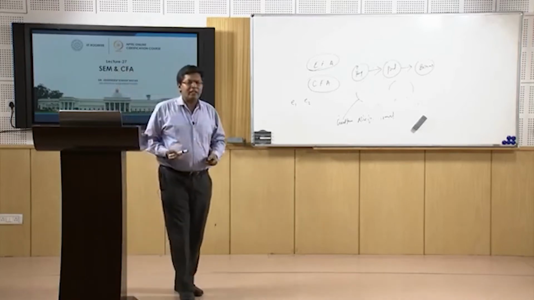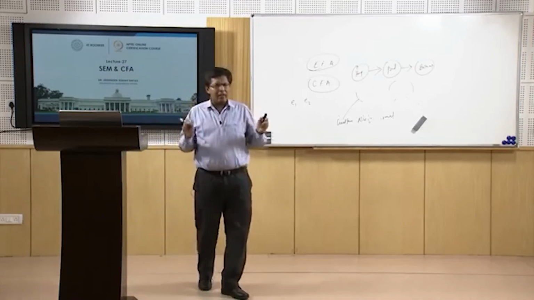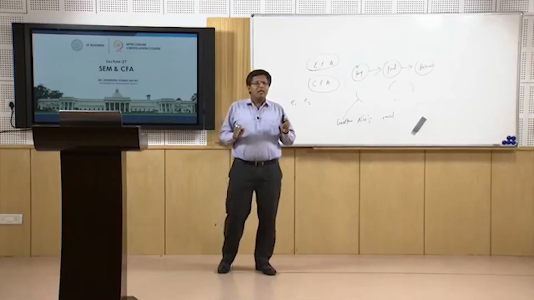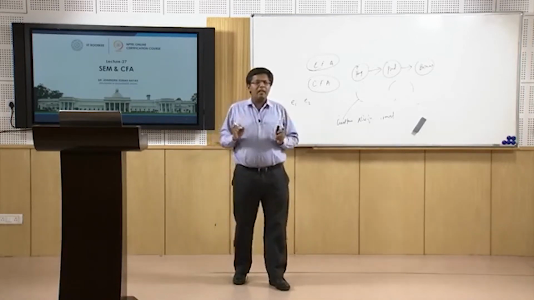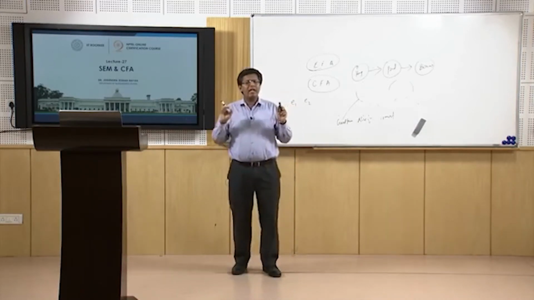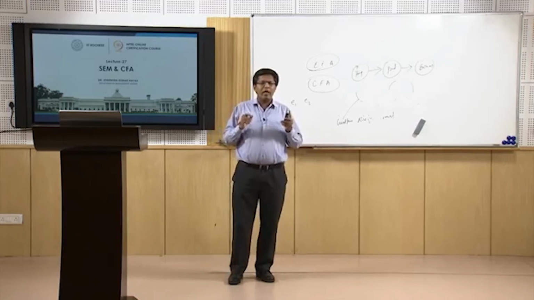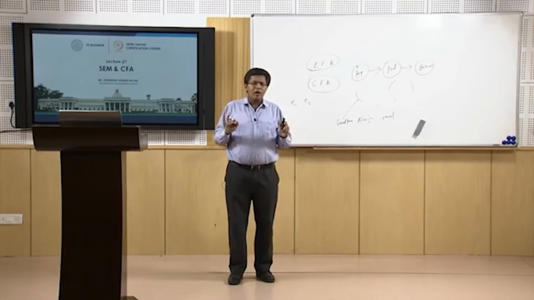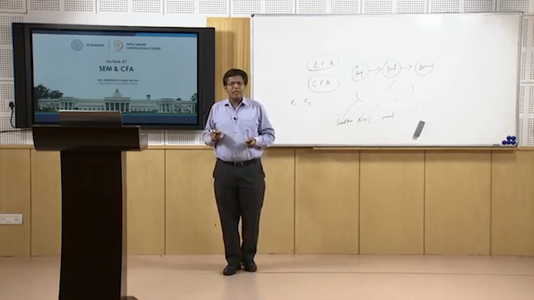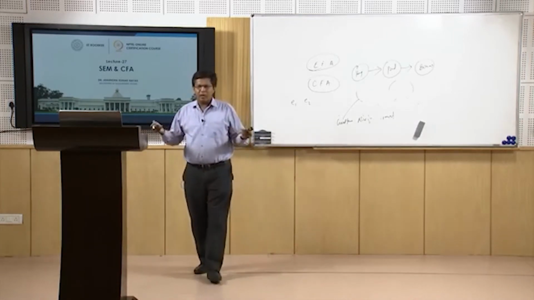So, let us see what is this SEM, this method where you have several variables coming together. It works like a multiple regression where you create several equations for the different dependent variables. So, let us see what is this SEM and why I am connecting SEM and CFA.